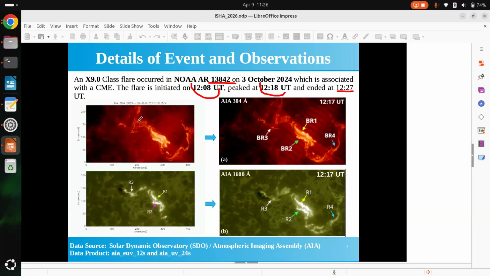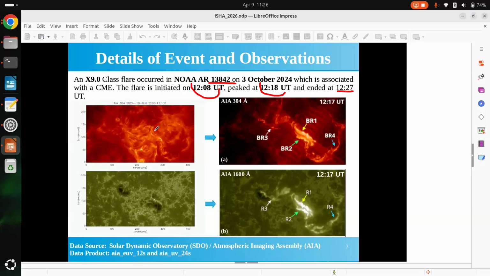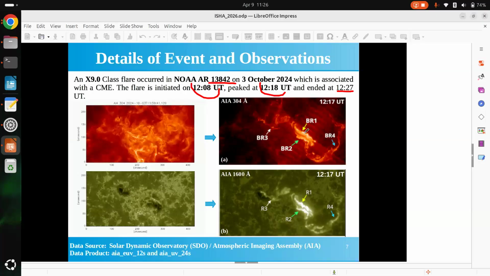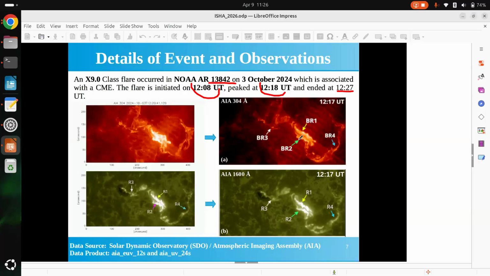In this animation, which is a cutout of the full solar disk where the flare is hosted, you will see first a faint sigmoidal brightening, then sequential brightenings develop. In the snapshot in panel A, there are 4 different brightenings as the flare reaches its peak. These are labeled BR1, BR2, BR3, and BR4.